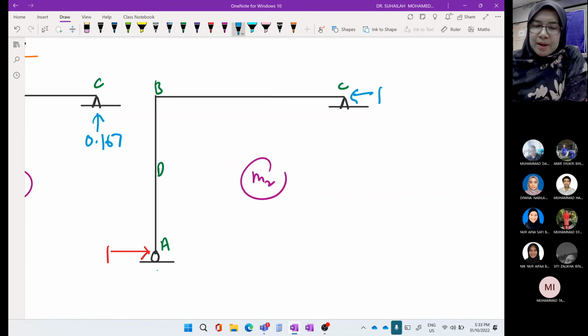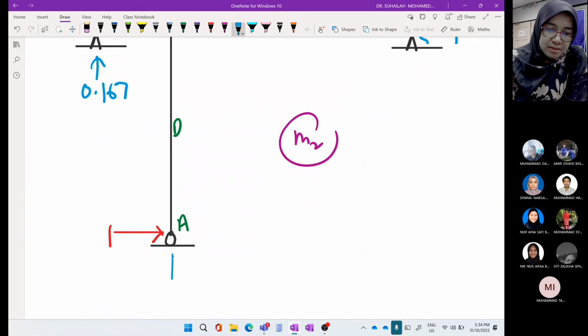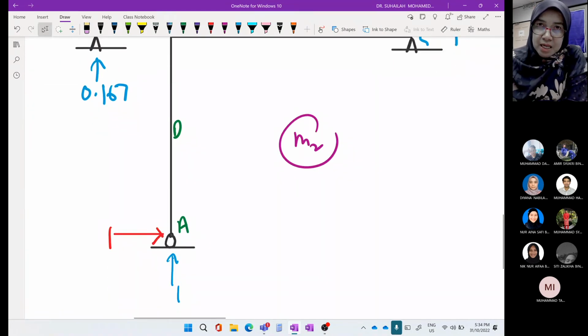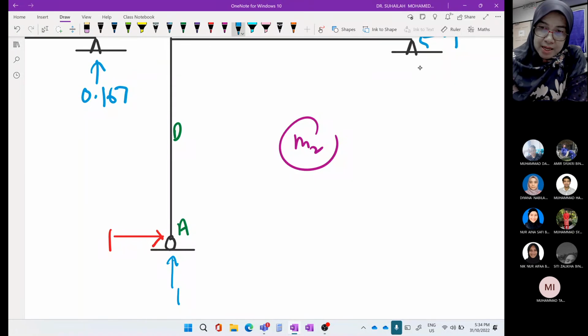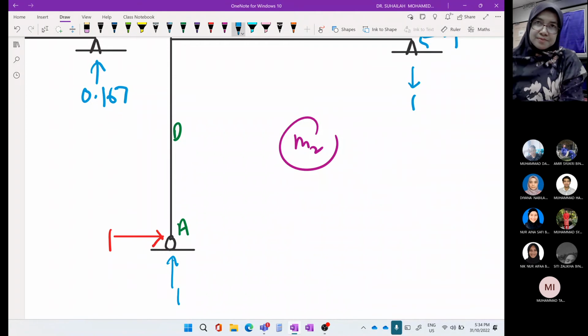Okay, yang online dapat apa? AY dengan CY? 1. AY 1 ke negative 1? 1. Yang ni macam ni. Yang ni negative 1. Sebab dia dua-dua 6 meter. Okay.